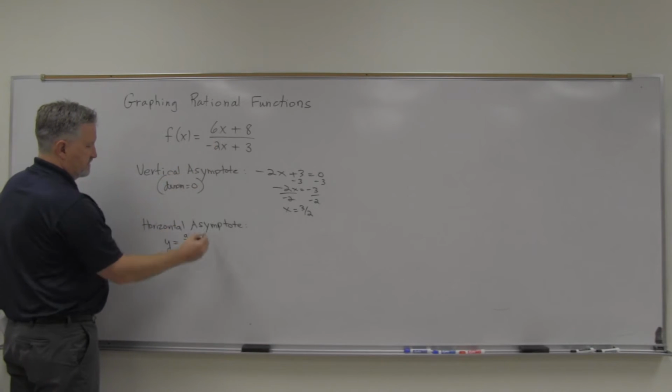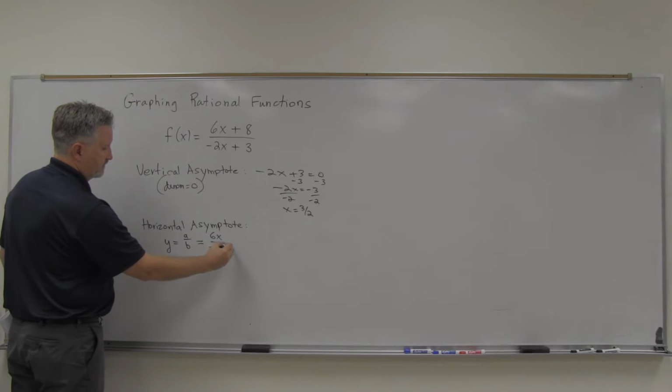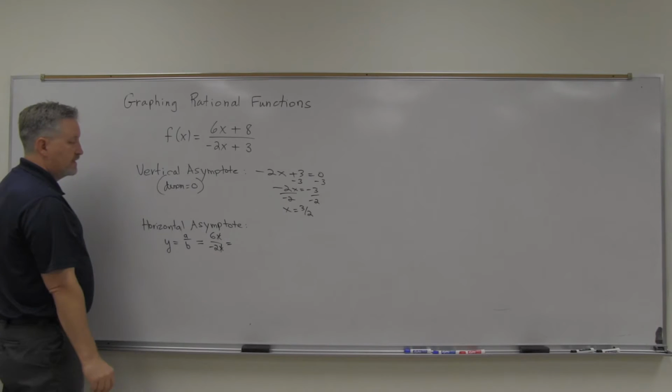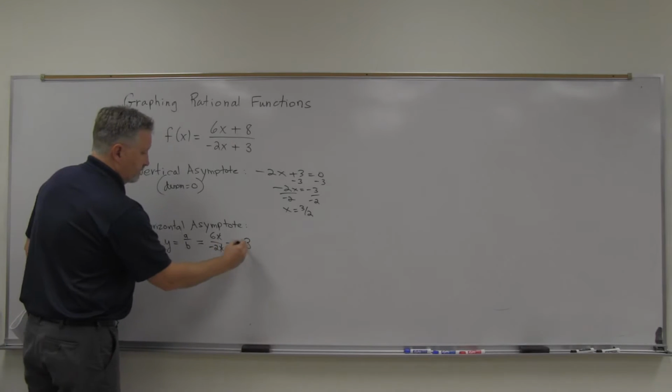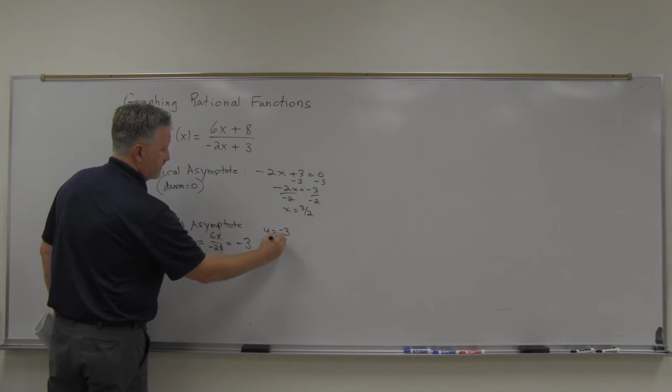In this case, the leading term on top is 6x, bottom is negative 2x, and so of course the x's cancel, and we get negative 3. So the horizontal asymptote is y equals negative 3.